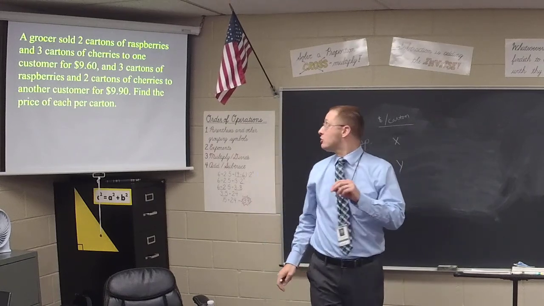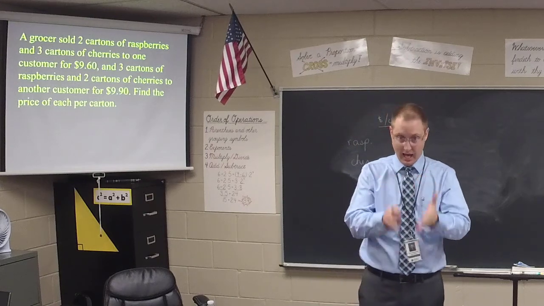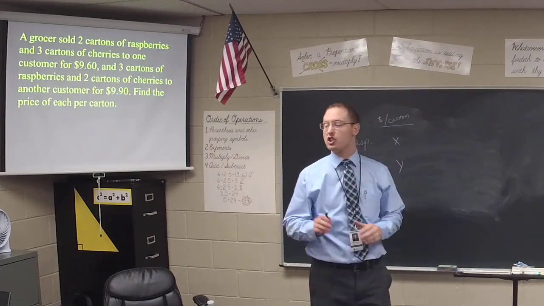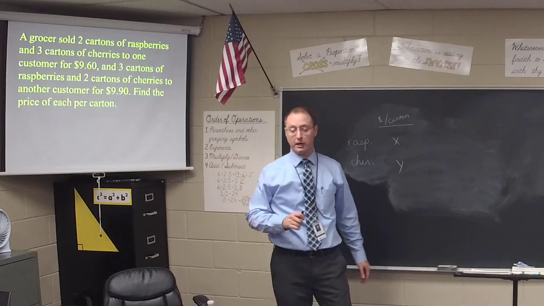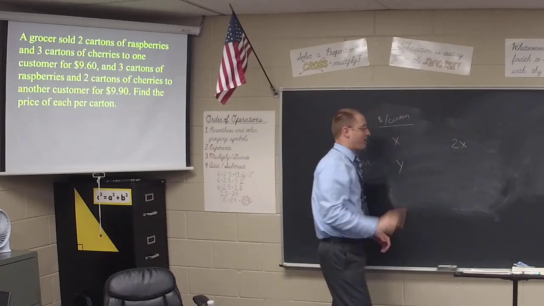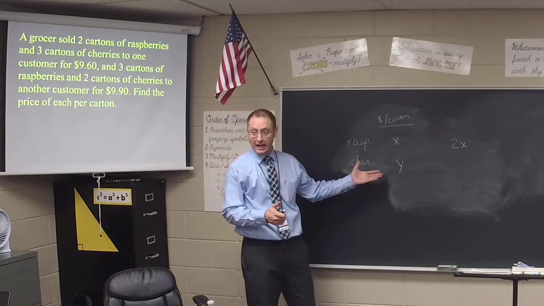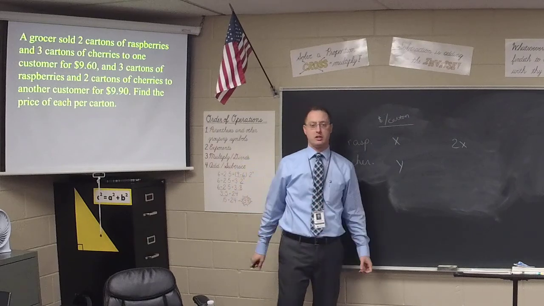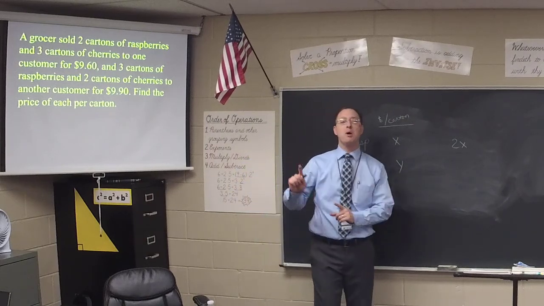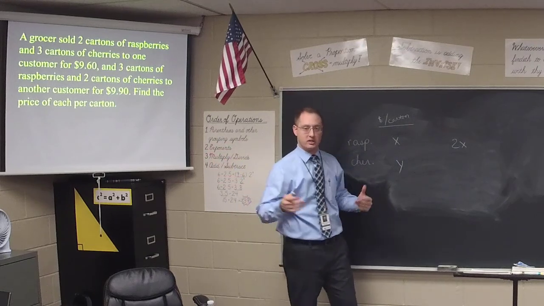If I buy 2 cartons of raspberries, and each carton costs X, how much money does it cost just for those 2 cartons of raspberries? 2x. Furthermore, if I buy 3 cartons of cherries, and each carton of cherries costs y, how much do I spend just on the cherries? 3y. But I went and bought 2 cartons of raspberries and 3 cartons of cherries, so how much money is that?